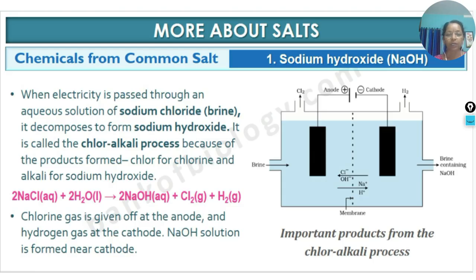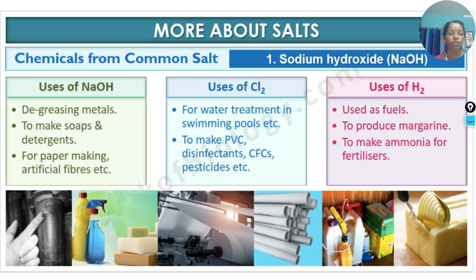Now we'll study the importance or uses of these chemicals one by one. Uses of NaOH: degreasing of metals, to make soaps and detergents, washing soap is prepared by sodium hydroxide, and for paper making, artificial fibers, etc. Chlorine is used for water treatment in swimming pools, to make PVC (polyvinyl chloride), disinfectants, CFCs (chlorofluorocarbons), and in many pesticides.